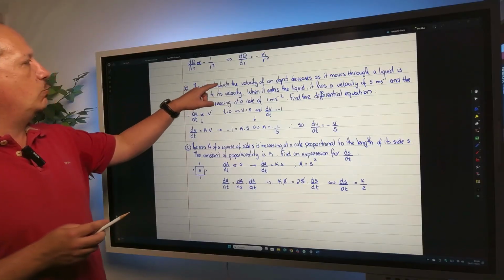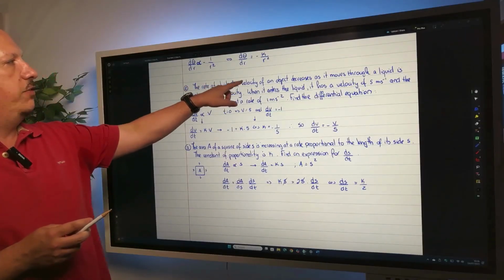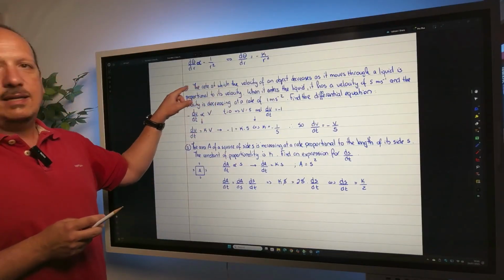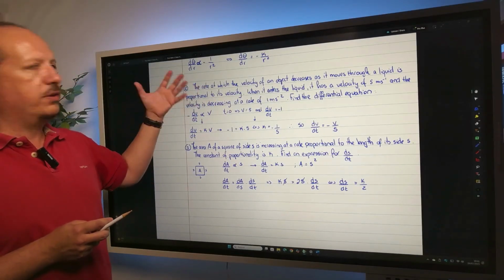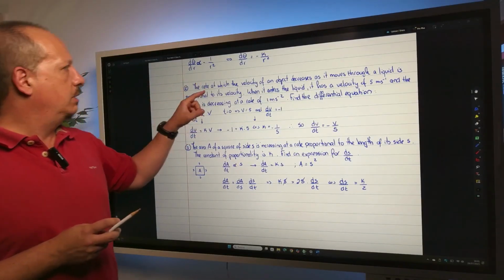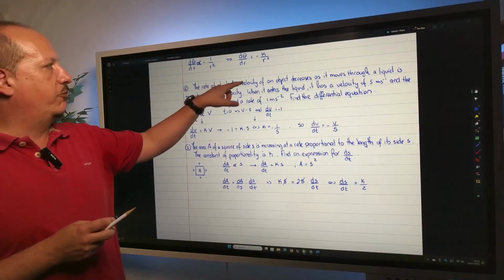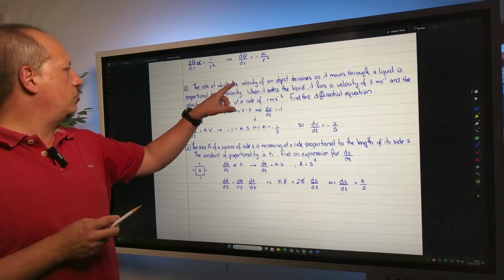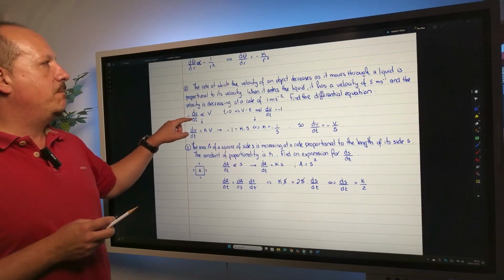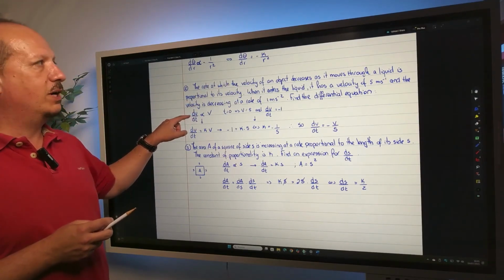The rate at which the velocity of an object decreases. Every time you have the rate with no further detail, it is always with respect to time. Okay, so the rate at which what? The velocity is changing. So how do you write this? This is going to be dv by dt, okay?